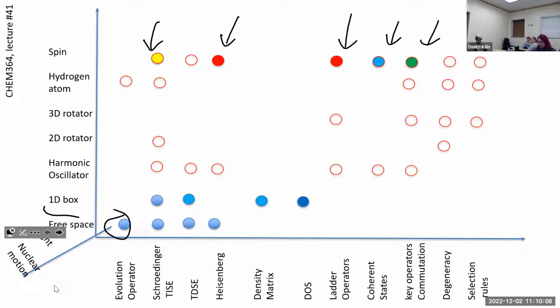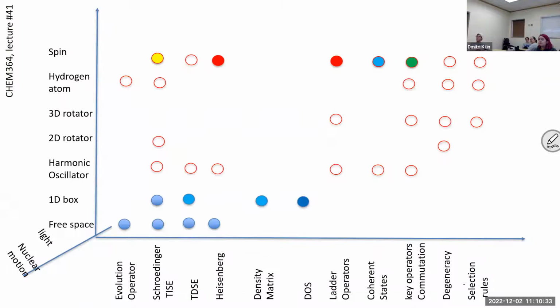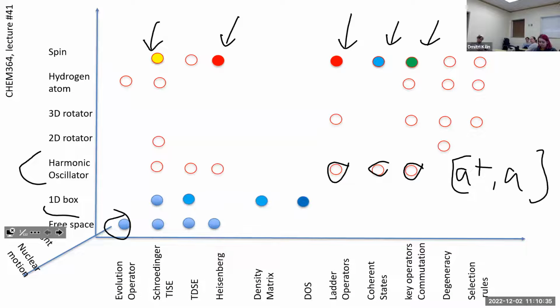Up to last time we were drawing this thing, the most advanced was the harmonic oscillator, because we introduced ladder operators, coherent states, and we were focusing on this commutation.